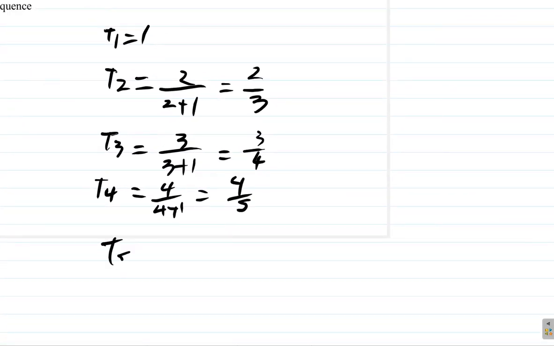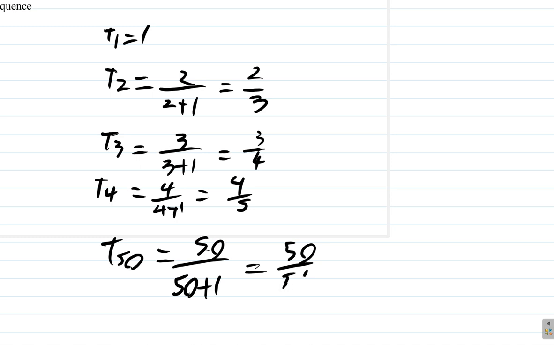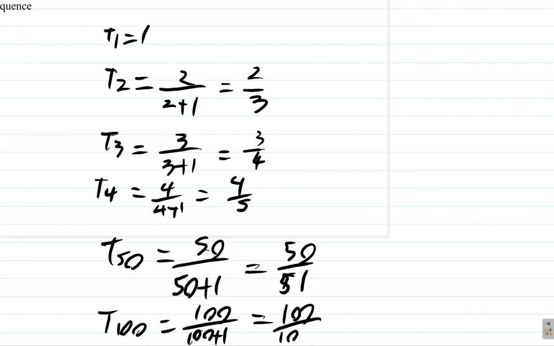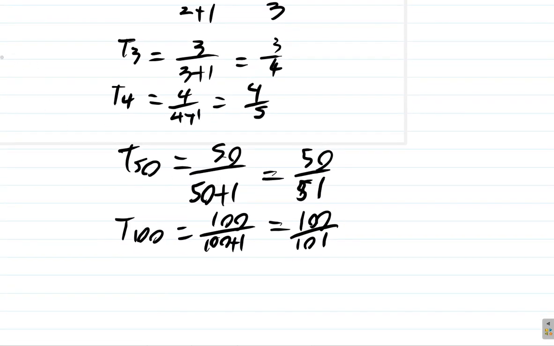What would be term 50? Let me rewrite this: 50 over 50 plus 1, which would be 50 over 51. What would be term 100? It would be 100 divided by 100 plus 1, which is 100 divided by 101, and so on. What do you think this will approach?